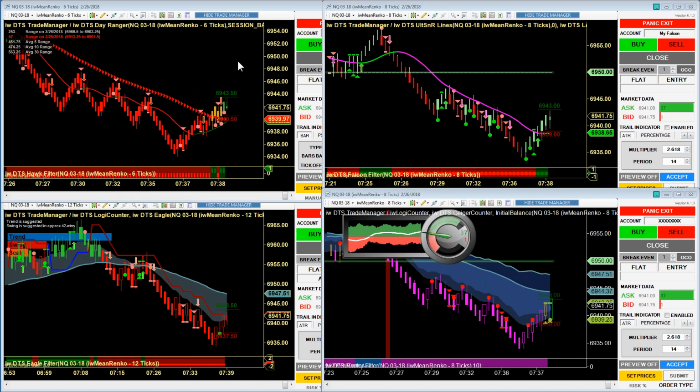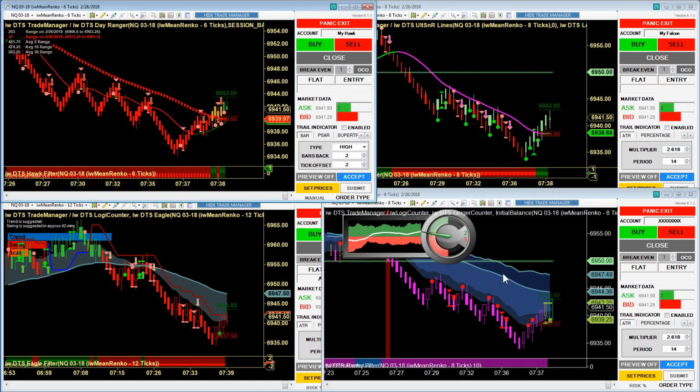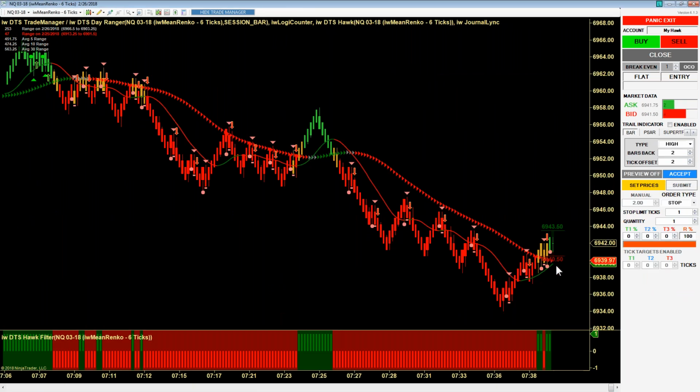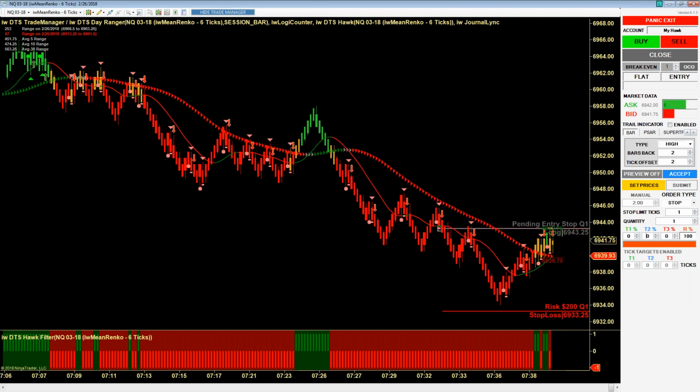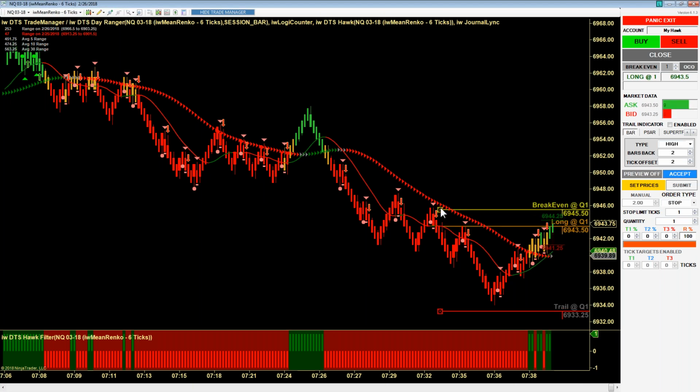And we're getting actually a green bar sell. The green bar sell on the Hawk, not to be confused with the green bar sell on the Eagle, tends to develop near the end of a trend. So you can use it as an early opportunity to get in a reverse on a trade, or you can simply use it as an early warning that perhaps the market is going to start unwinding and going the other direction.